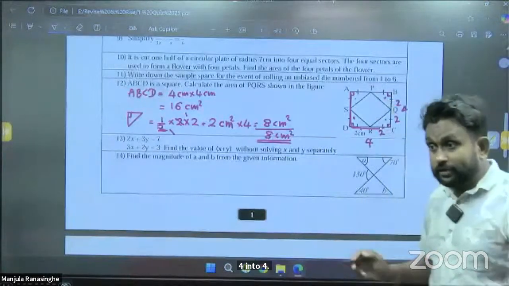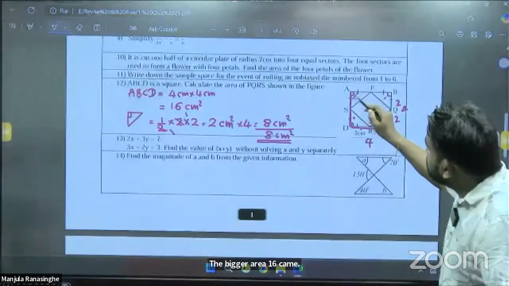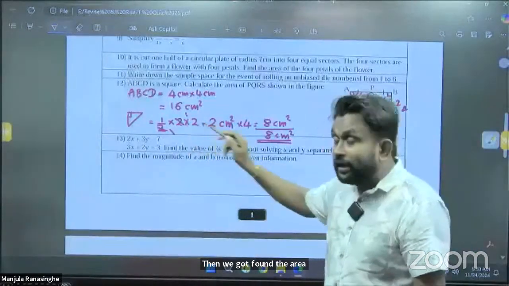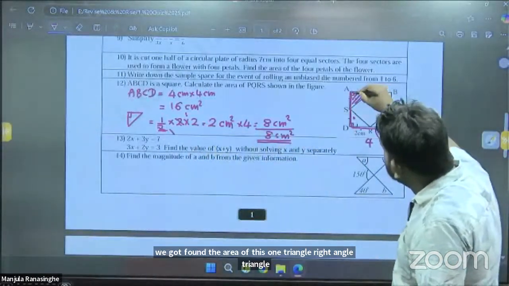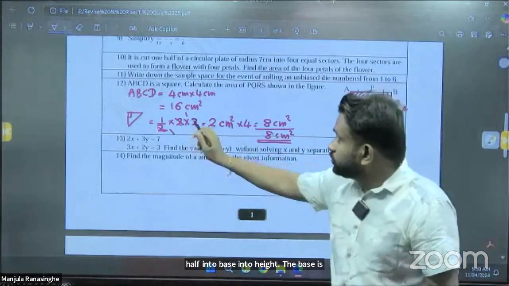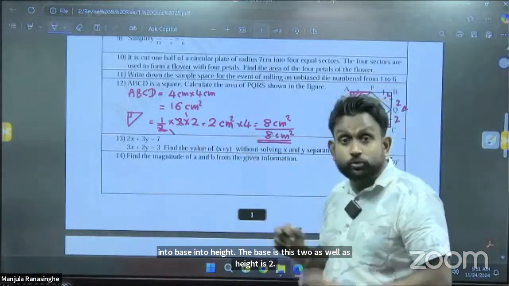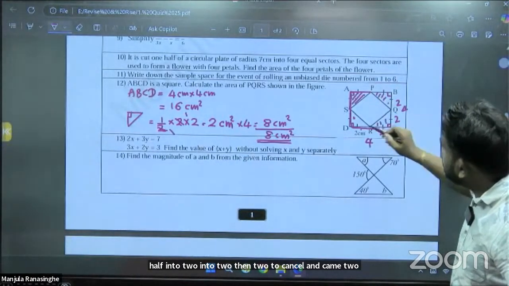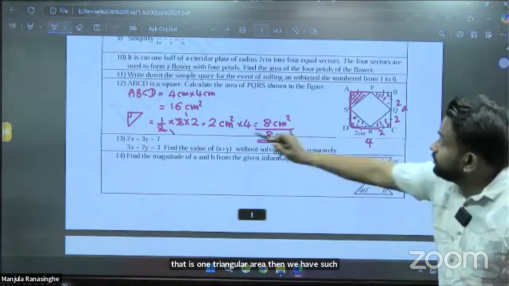Then we found the area of this one triangle, a right angle triangle, half into base into height. The base is this 2 as well as height is 2. Half into 2 into 2. Then 2, 2 cancel and came 2. That is one triangular area. Then we have such 4 triangles there. You multiply by 4, 8.